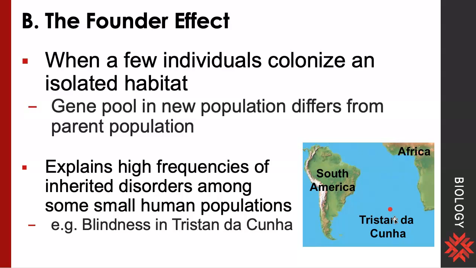And then 150 years later, of the 240 descendants on the island, 4 of them had this progressive form of blindness. 9 of them were carriers, and these numbers were 10 times higher than in the original population. So you had a change in the gene pool of this new population as compared to the original population, and this was due to chance.